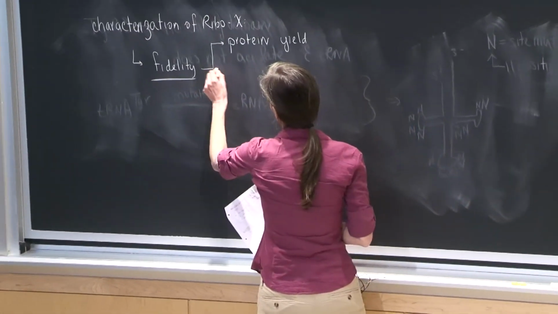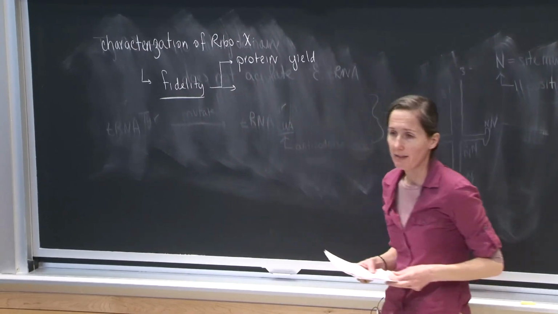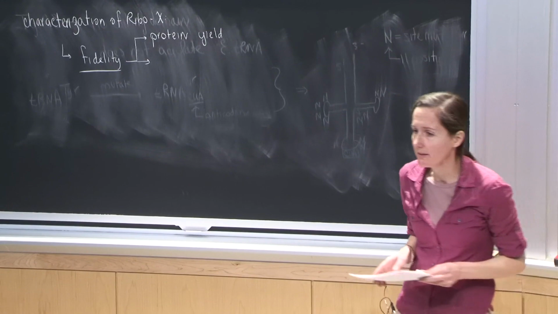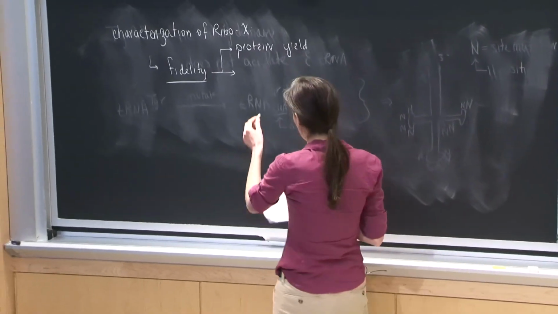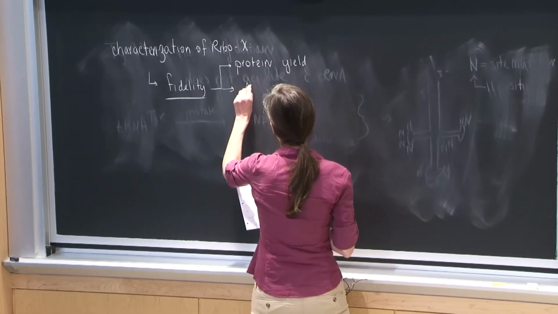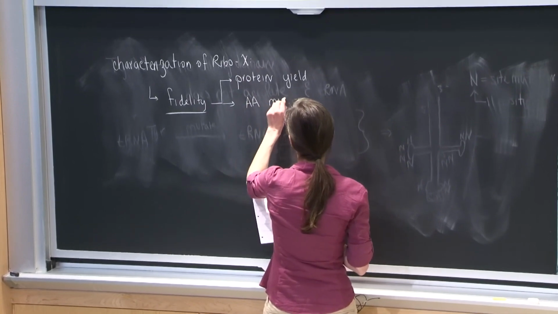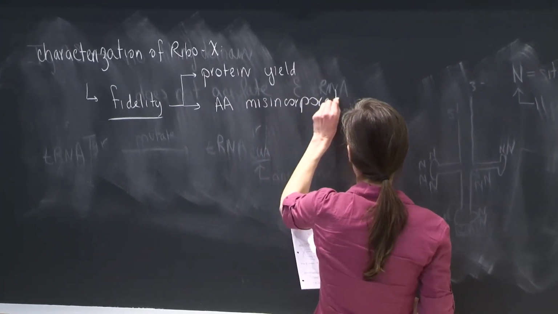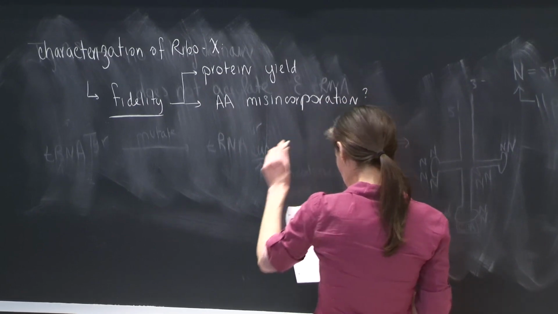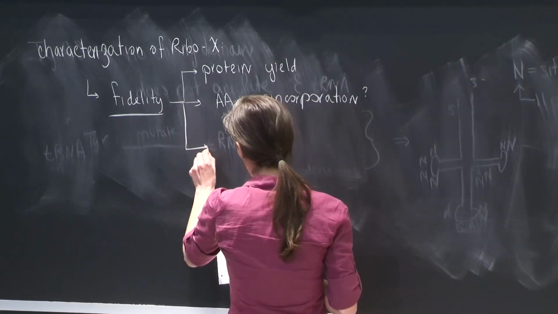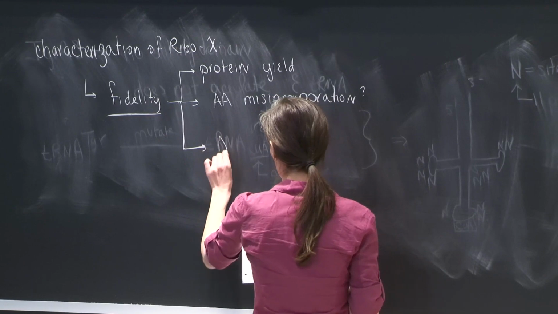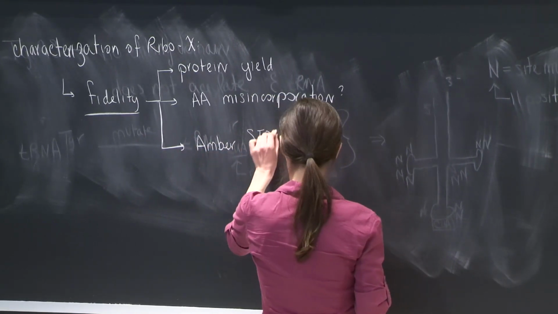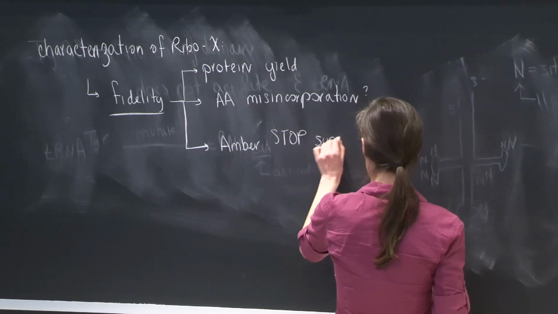We want it to incorporate amino acids correctly, with high fidelity, incorporation of the unnatural amino acid. So does it misincorporate amino acids? That's a question we need to ask. And then, of course, we need to ask about amber stop codon suppression efficiency.